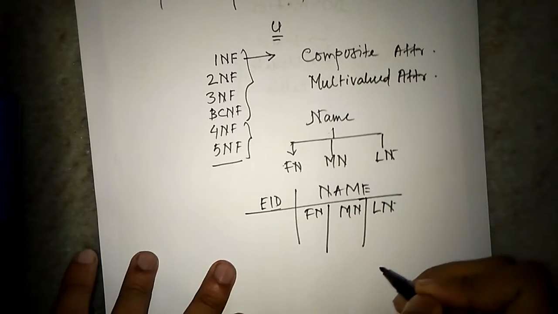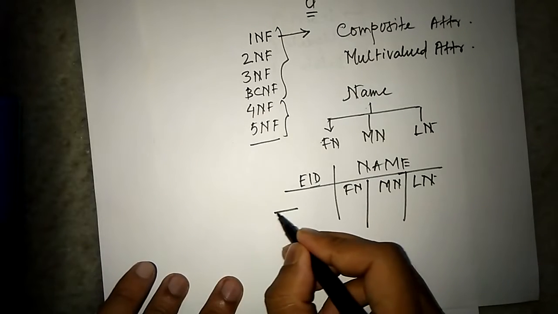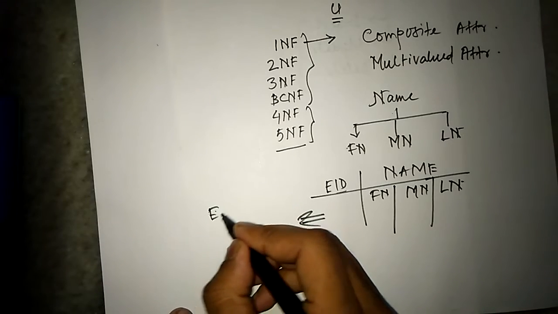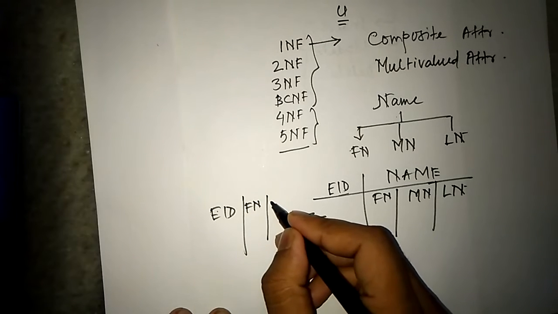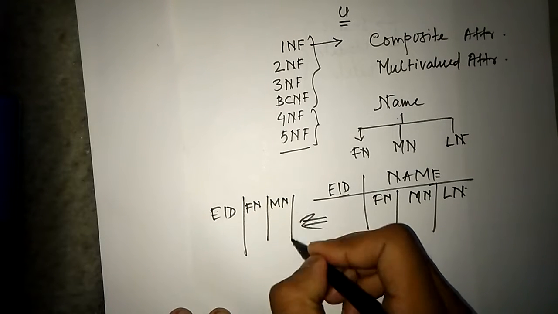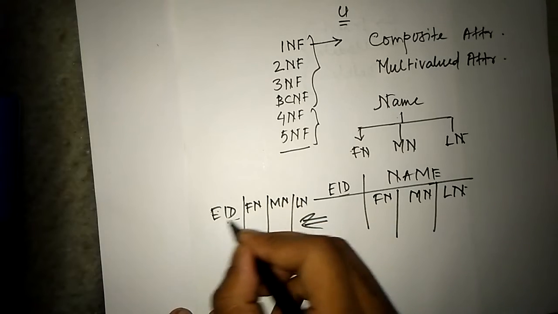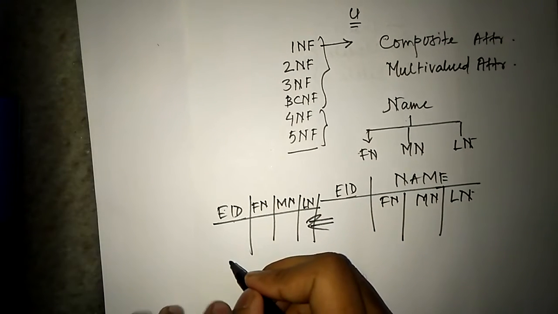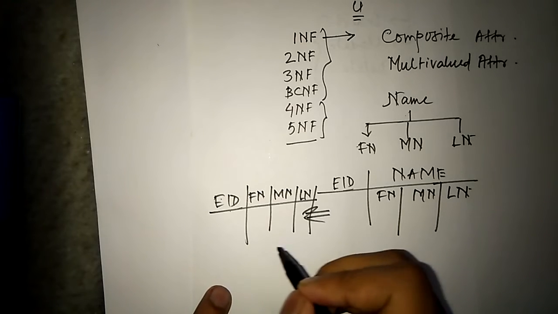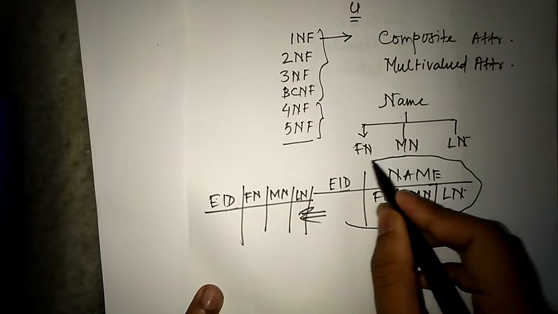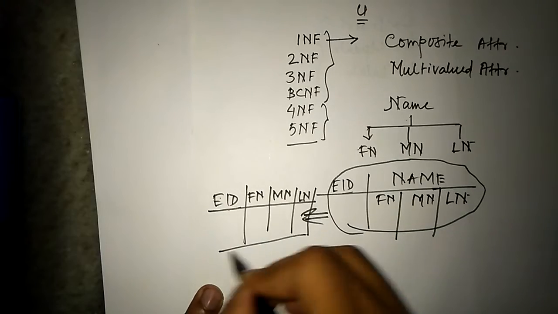You cannot do that. You have to do it like this: employee ID, first name, middle name, and last name. This will be the table, and this is called first normalization form. So this table is converted into first normalization form like this.